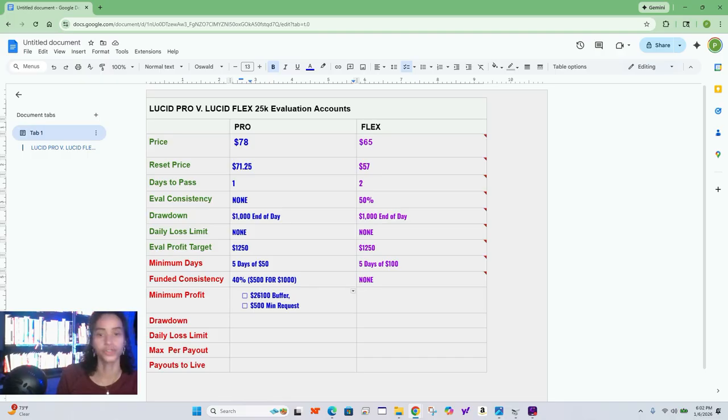So that means that you just have to make $1,000 plus 100 in order to take a payout. So you're basically making $1,100 before, and anything over the $1,100 up to your cap, you can request that as a payout. The minimum payout request is $500.